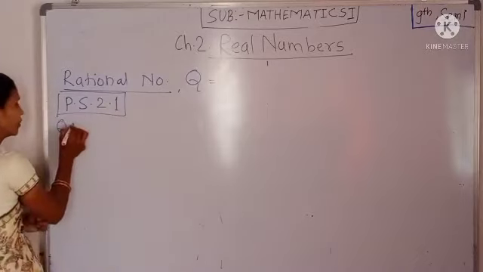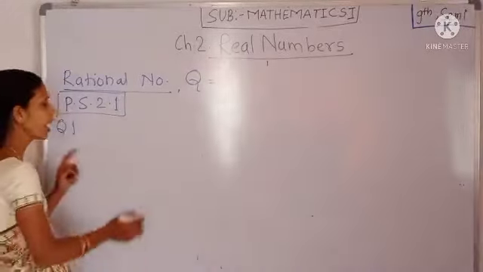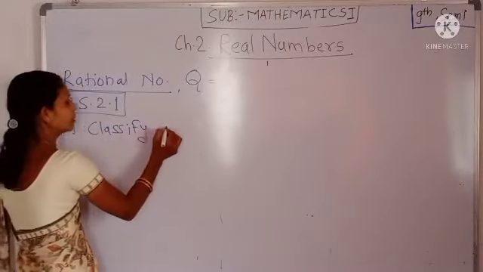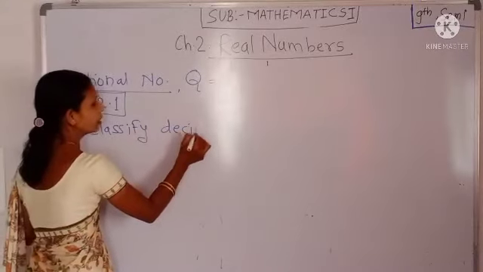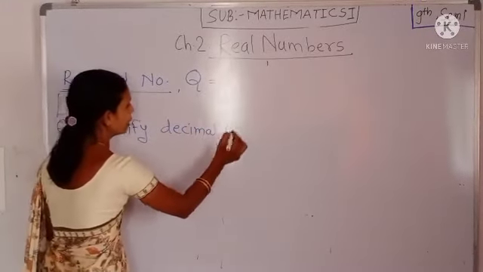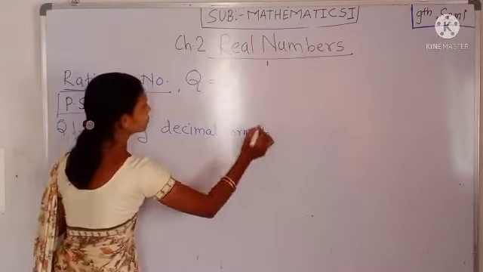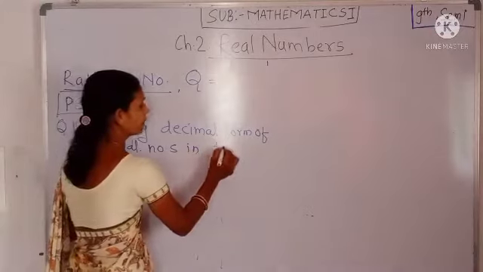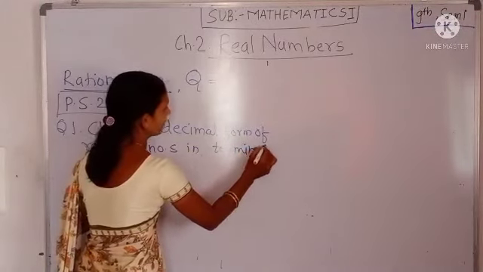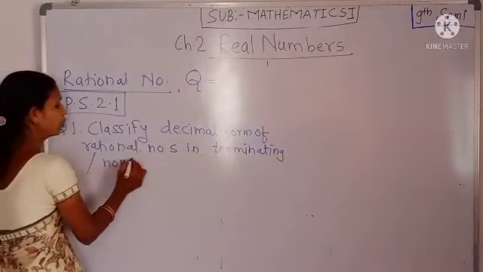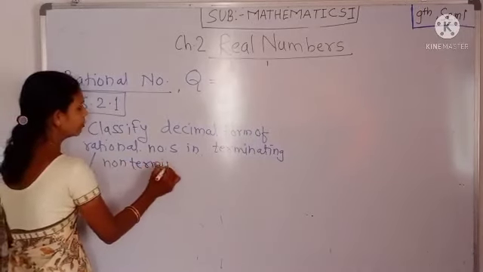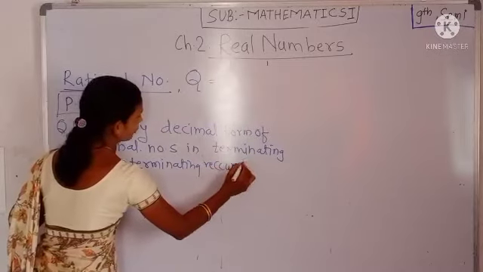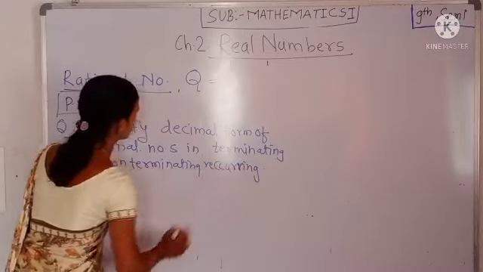Then question number 1. See here, classify the given decimal form of rational numbers into terminating or non-terminating recurring form.